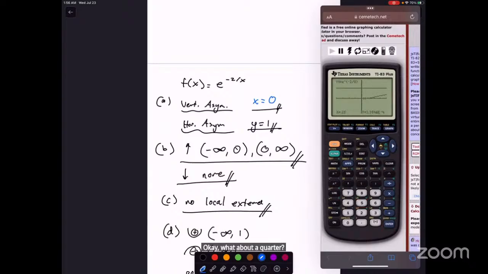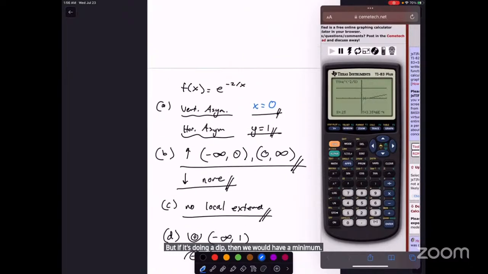It seems like, and maybe we can zoom in some, these are really, really small. It's kind of doing a little dip, but if it's doing a dip, then we would have a minimum. See?